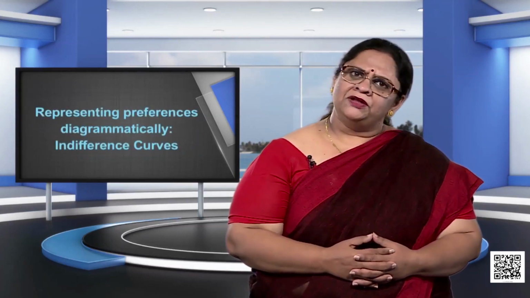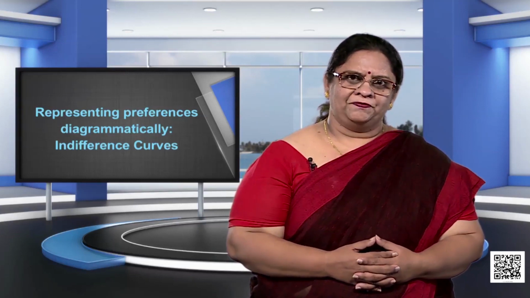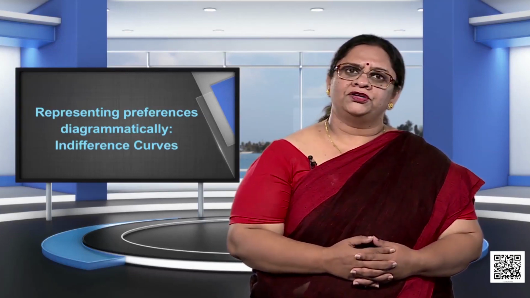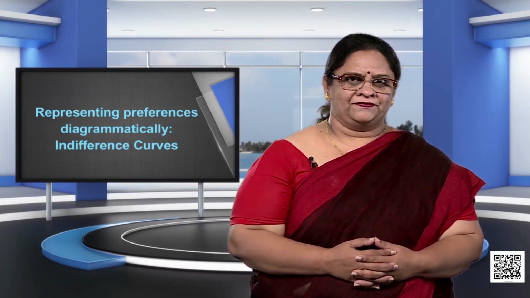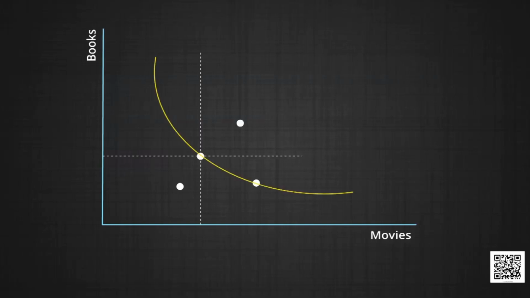Now, how can we represent these preferences diagrammatically? Consider the diagram on your virtual screen. We have represented movies on the x-axis and books on the y-axis. Various points on this diagram, such as A, B, and D, represent bundles of movies and books. What can we say about the points A, B, and D?